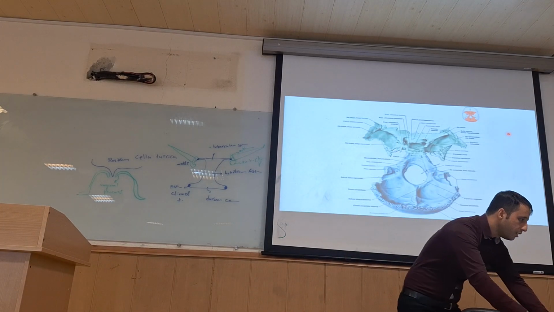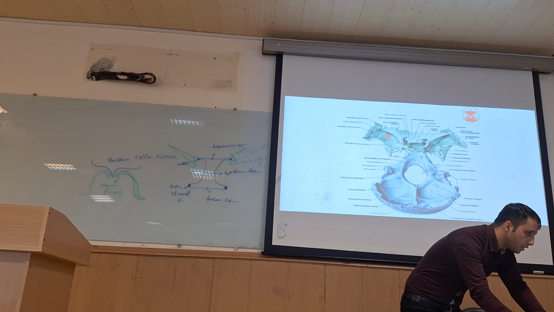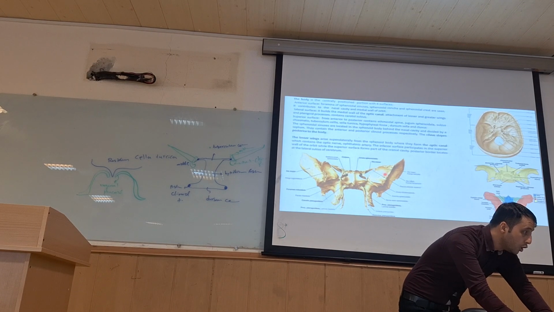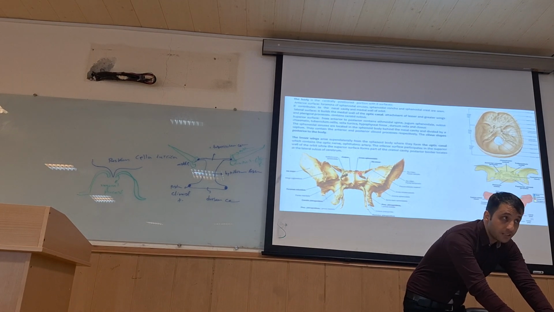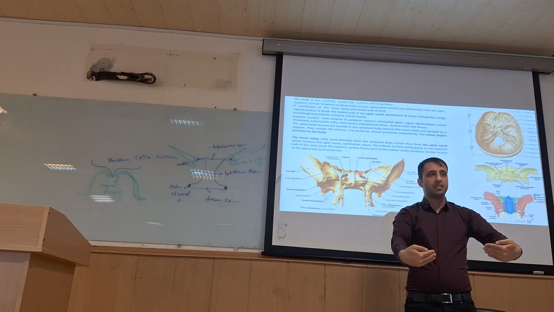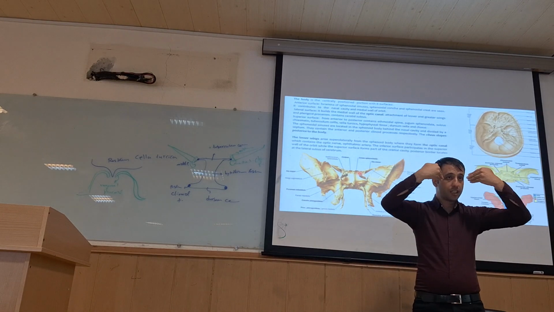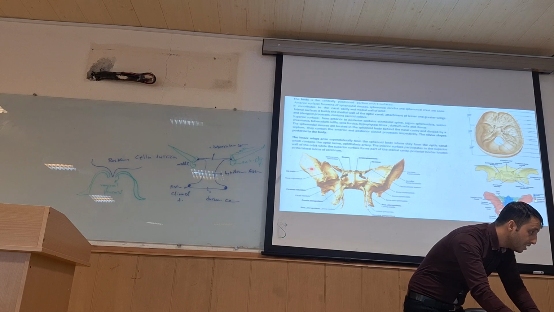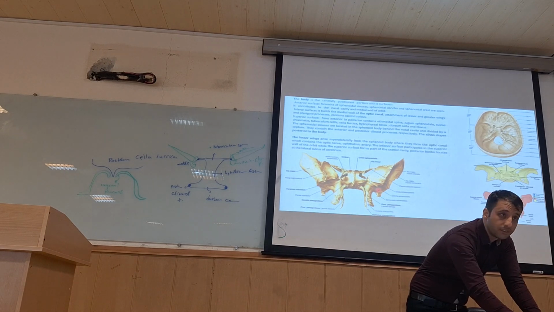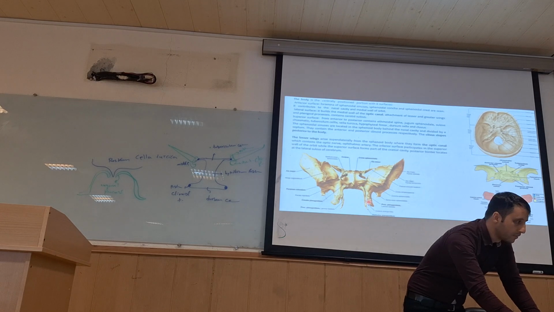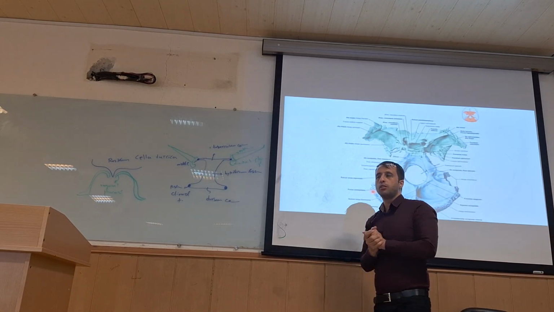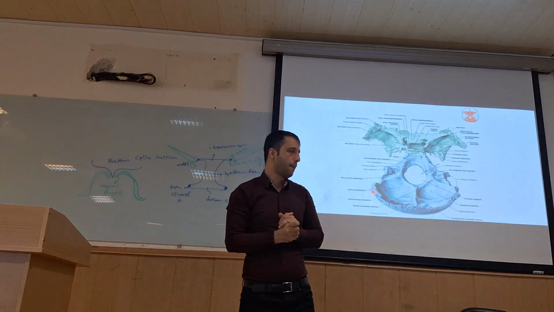Look at this area. Here is the intracranial surface. This is the orbital surface, which makes the lateral wall of the orbit. And here is the temporal surface of the greater wing. So, these are the structures located in the greater wing.